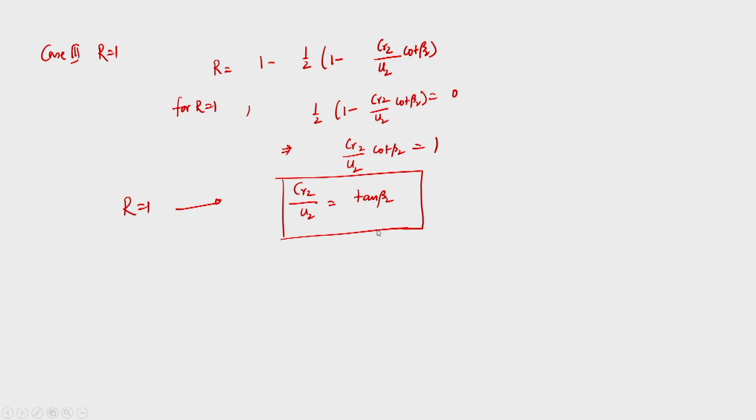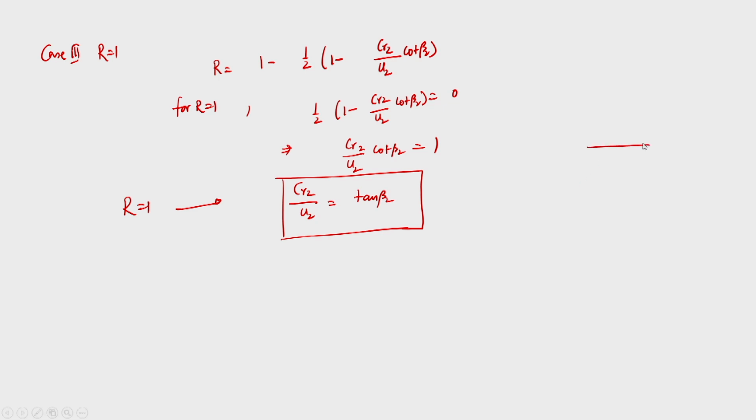Right. So, CR2 by U2 is tan beta 2, that is the case for r equal to 1, and what is the consequence of this expression? That means, if I now try to draw the velocity triangles at the outlet, suppose this is the velocity triangle. So, CR2 by U2 is equal to tan beta 2.